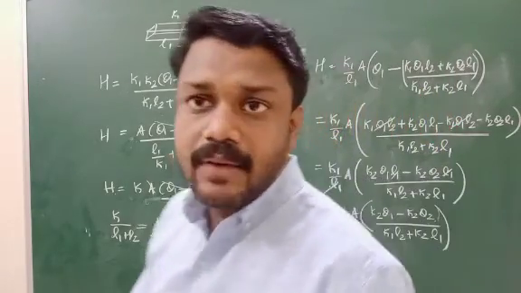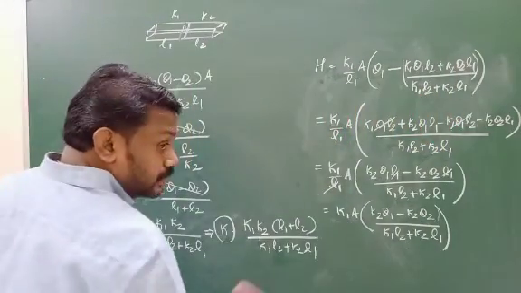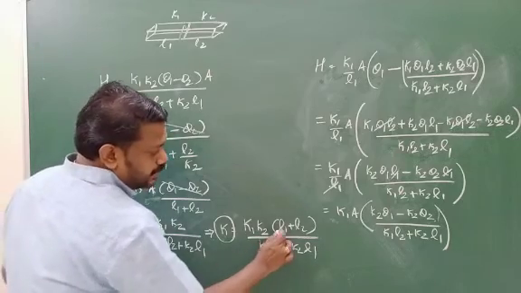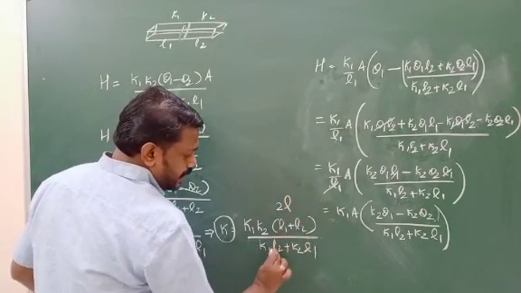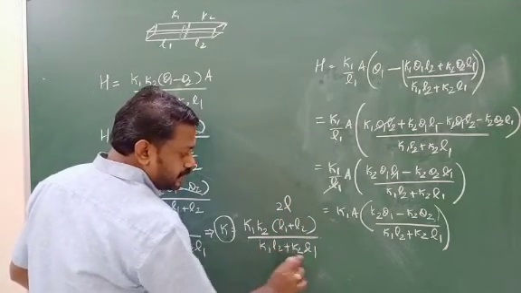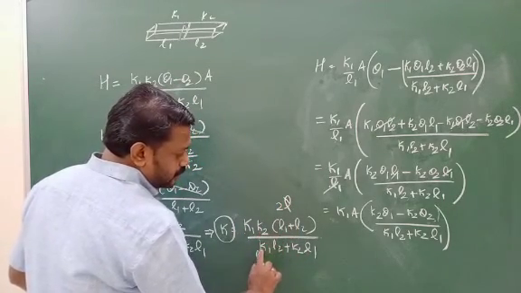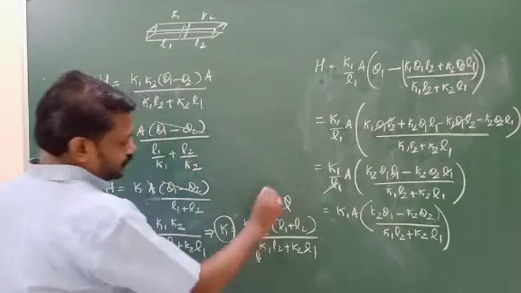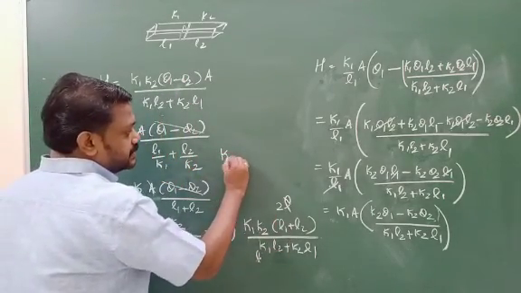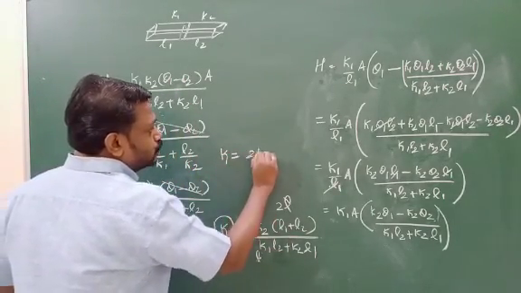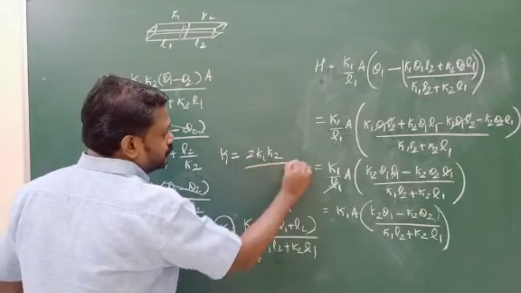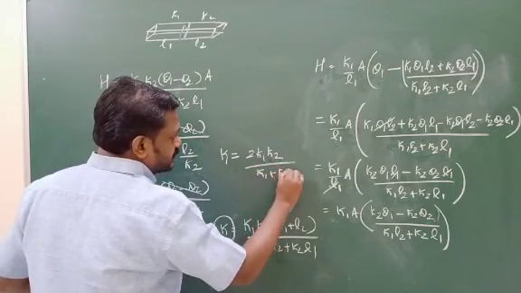Suppose both have the same length L, then L1 plus L2 becomes 2L, and in the denominator L is common, K1 plus K2. So L and L cancel, and that becomes 2K1 K2 divided by K1 plus K2. If both have the same length, then K is equal to 2K1 K2 divided by K1 plus K2.